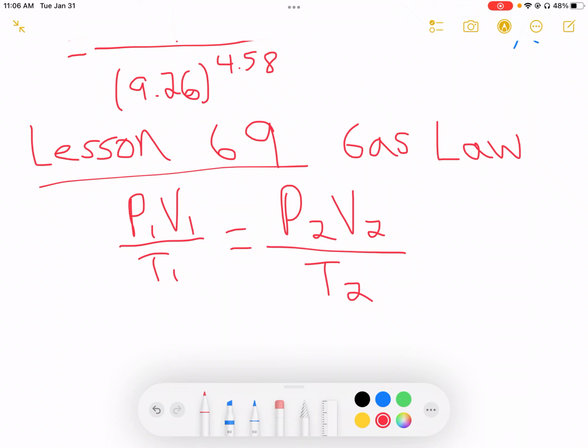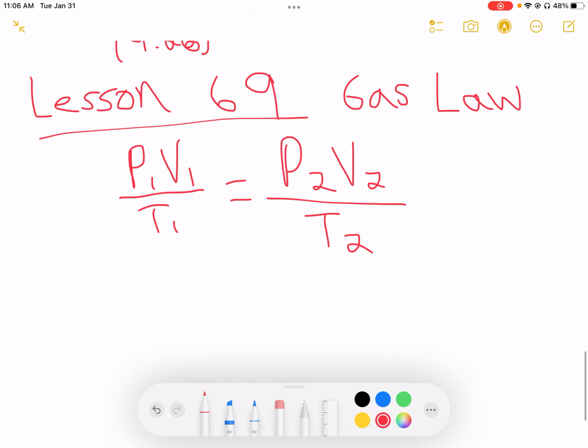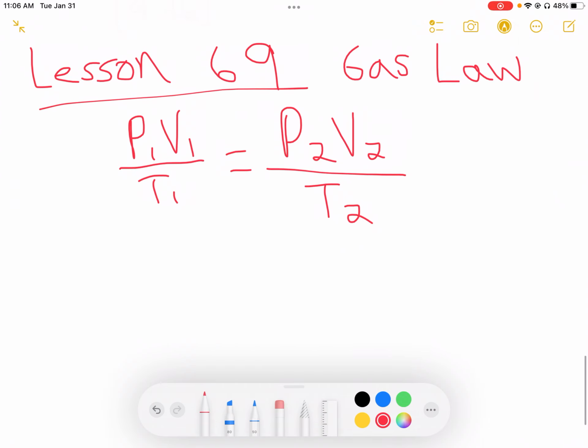P is pressure, V is volume, T is temperature. We're doing really nothing more than algebra here. We're not really getting into science here, but it's the same principles, and we want to see how we can rearrange the equations.